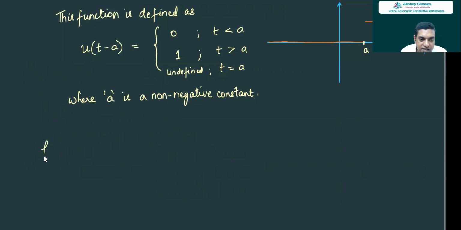So now let us do this Laplace transform of u of t minus a, of this unit step function. So it is integral 0 to infinity e power minus st, the unit step function dt.